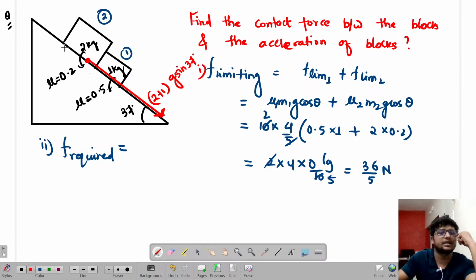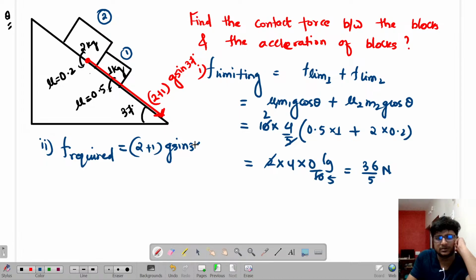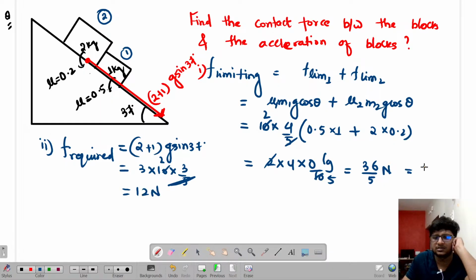So required friction is basically (2 plus 1) g sine 37. 2 plus 1 is 3, into 10 into sine 37, which is 3 by 5. 5 2s are 10, 3 2s are 6, 6 2s are 12 Newton. And this is 36 by 5, which is 7.2 Newton.